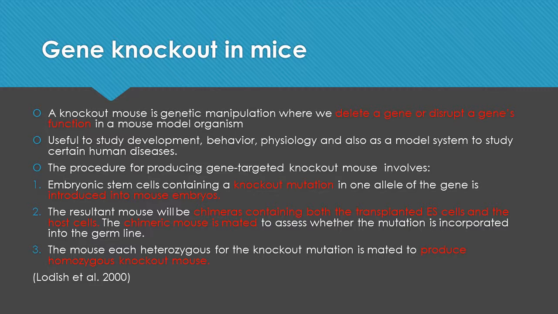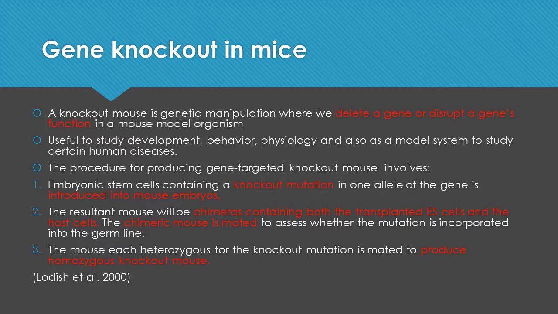A knockout mouse is a genetic manipulation where we delete a gene or disrupt a gene's function in a mouse model organism. Okay, the question here, why do you need a gene knockout model? Because it is useful to study development, behavior, physiology, and also as a model to study certain human diseases.